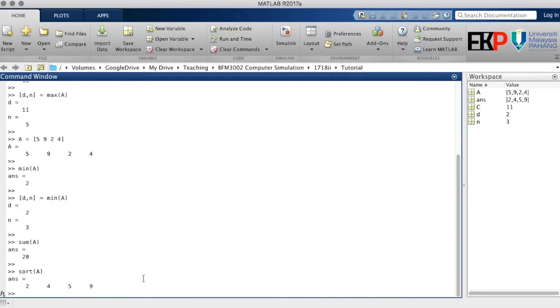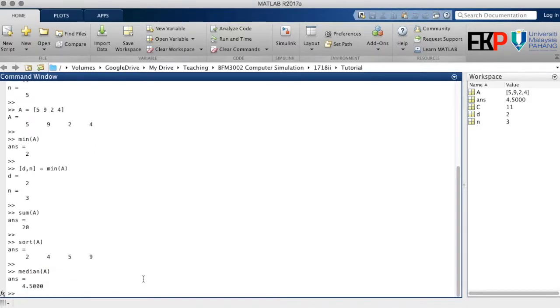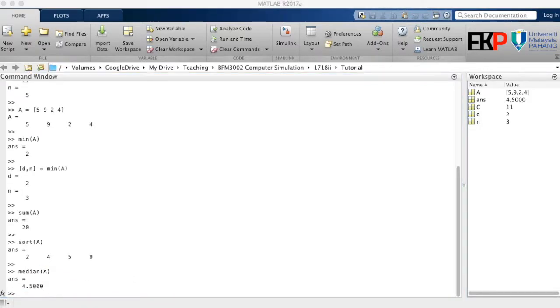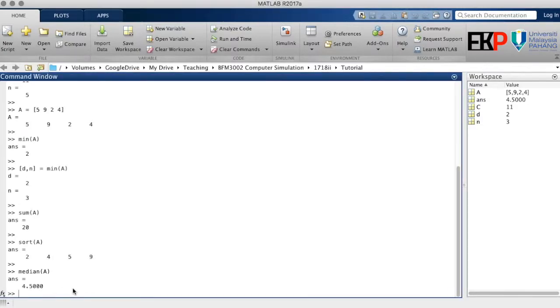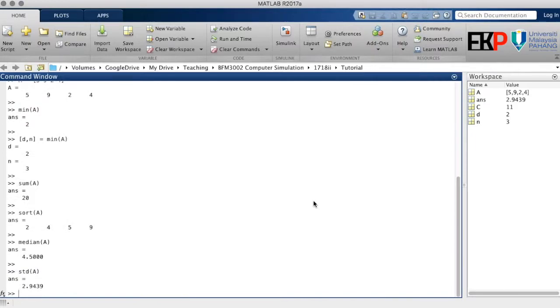We can also calculate the median by typing in median A. MATLAB will give us the median value of all elements in the vector. We can also calculate the standard deviation by typing std A. MATLAB will return the standard deviation of the elements within the vector A.